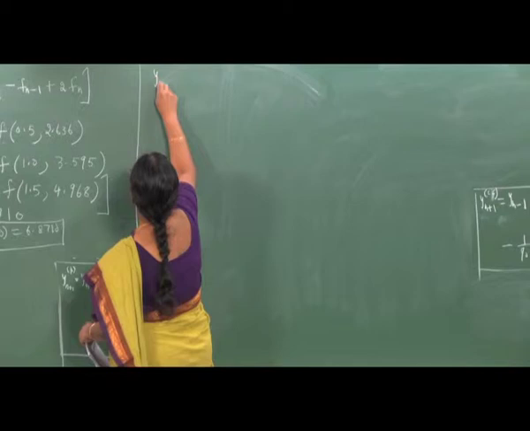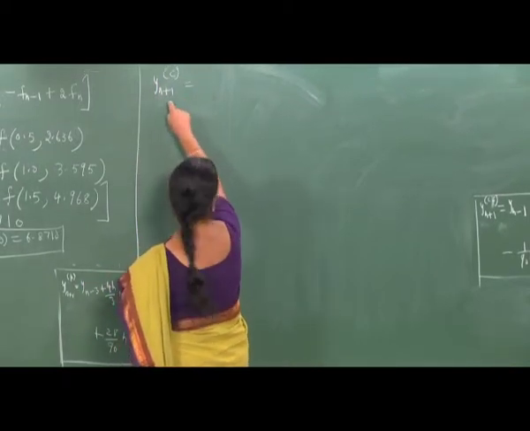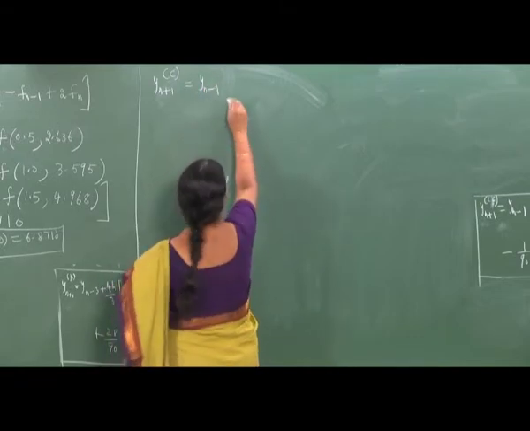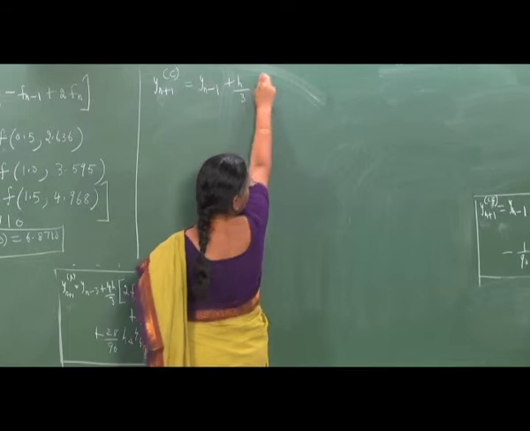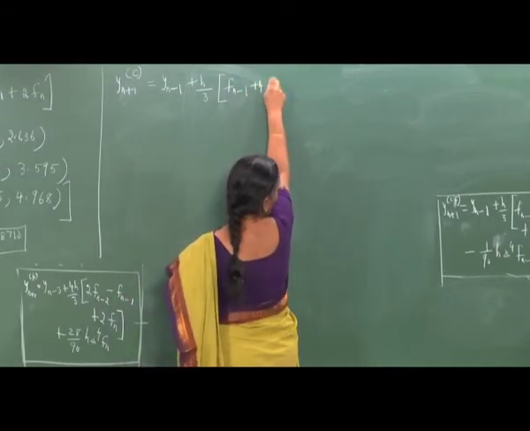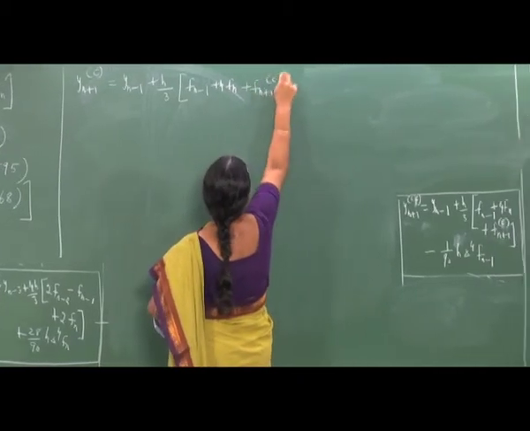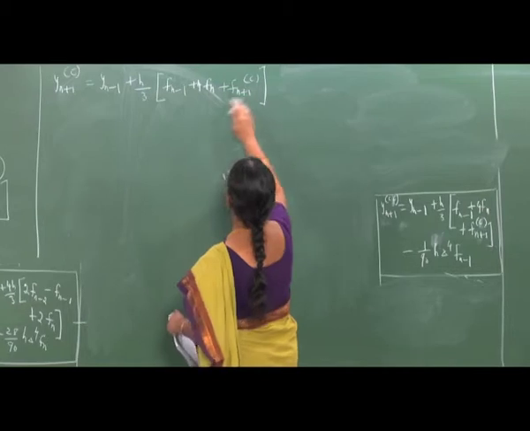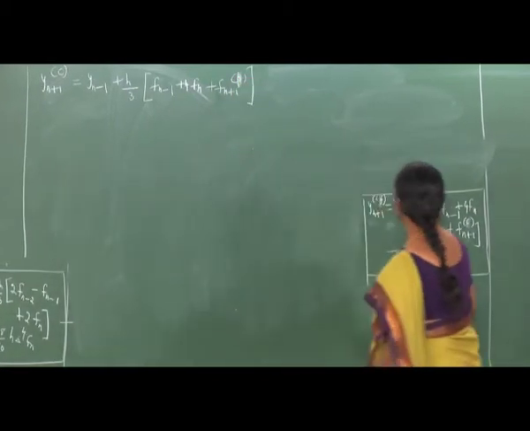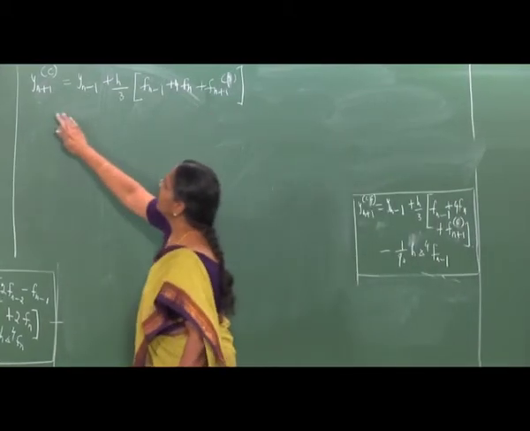It says, if you want to correct the solution at xn plus 1, namely yn plus 1, then the corrected value is yn minus 1 plus h by 3 into fn minus 1 plus 4 fn plus fn plus 1, fn plus 1 predicted value. So, make use of this corrector and then get the solution.